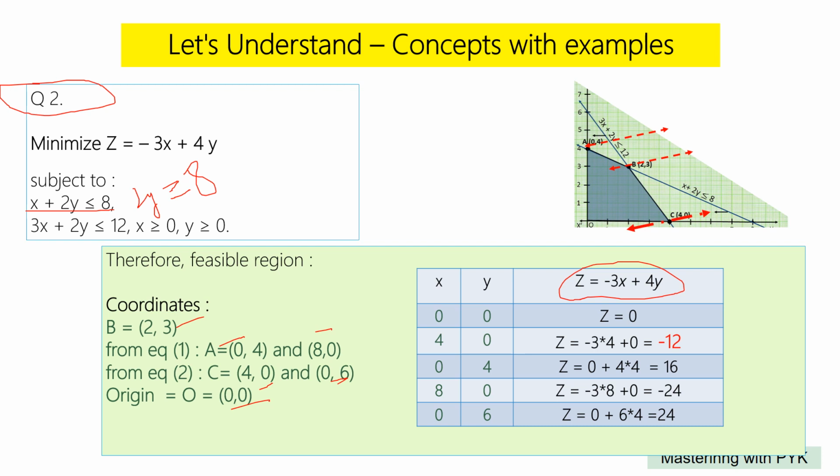So when x is 0, y is 0, we get z as 0. When it is 4, 0, we get z as -12. And when it is 0, 4, z is 16. For 8, 0, it is -24. And for 0, 6, it is 24.